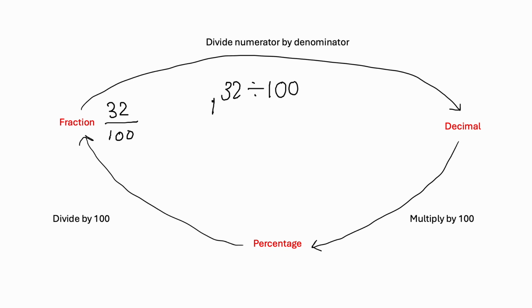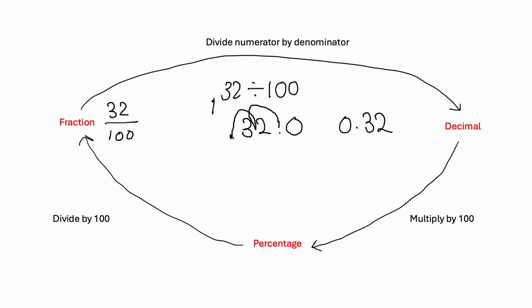And whenever we divide by 100, if we remember, 32 is the same thing as 32.0. When we divide by a multiple of 10, we move the decimal place to the left. So because there are 2 zeros, we move the decimal place 2 times to the left, like so. So we get an answer of 0.32.